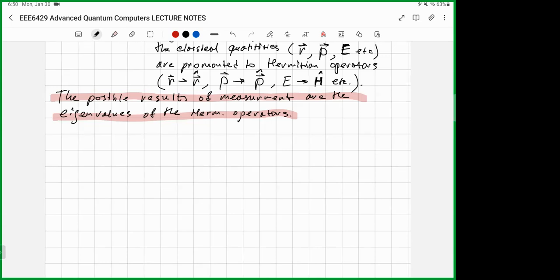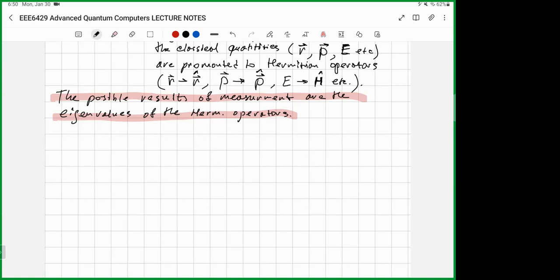In the lab, you can measure only the eigenvalues of the operator that corresponds to this quantity. You cannot find any other value but among the eigenvalues of the operator.